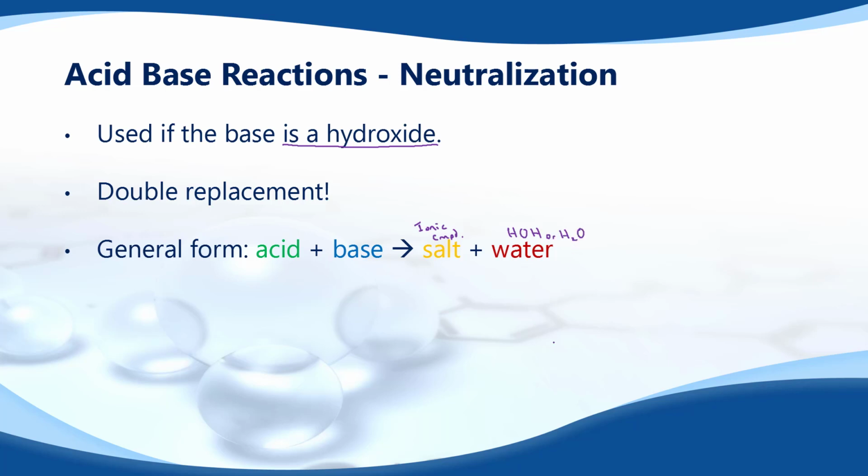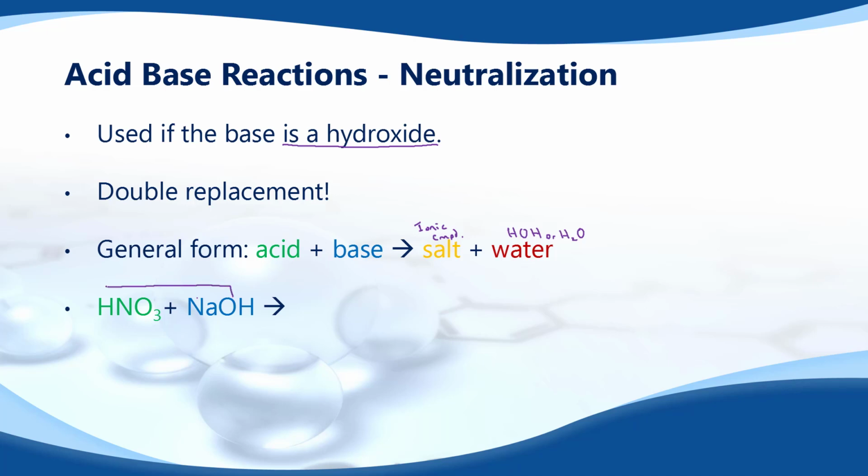So as an example, we have nitric acid, HNO3, reacting with sodium hydroxide, NaOH. What we're going to do is double replacement. Remember, in double replacement, we do our first two parts of FOIL, so the outer two combine and the inner two combine.